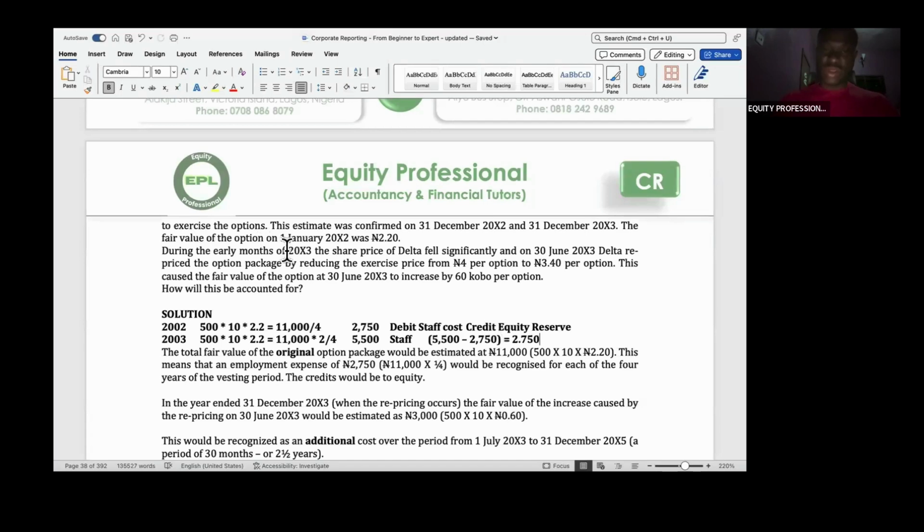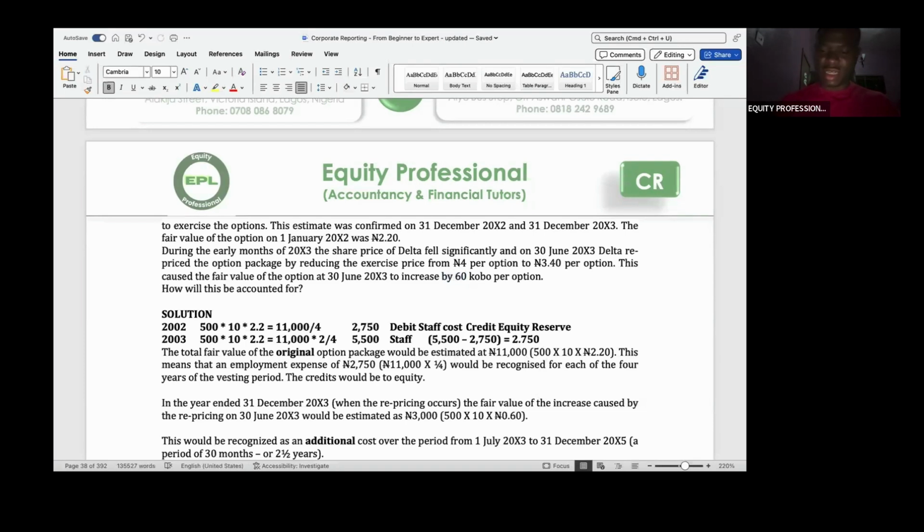However, in 2003, there was a decrease in share price resulting in an increase in exercise price. But the main thing is that our fair value of the option increased. This 2.2 naira increased by 60 kobo in 2003. Now, how do we deal with that?